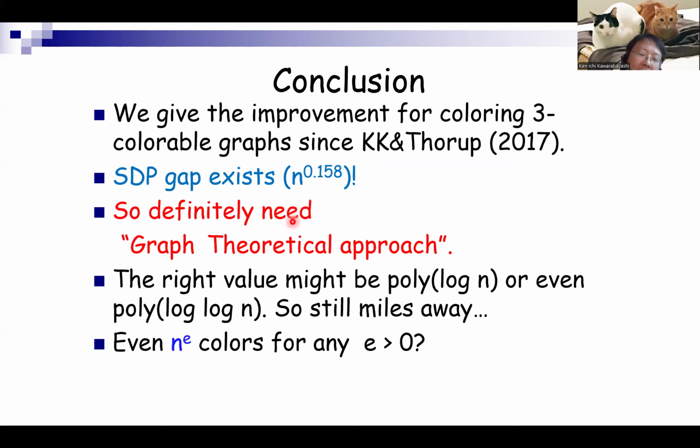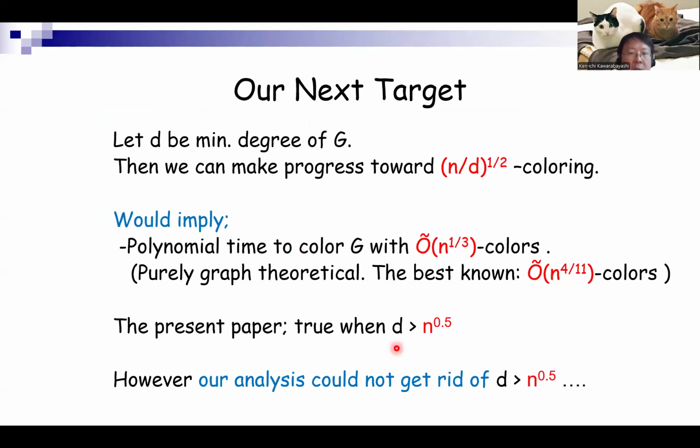So that tells us that we definitely need a graph theoretical approach. The right value might be like polylog n or even polylog d, but we are still miles away. n to the epsilon for any epsilon bigger than zero would be probably great, but still miles away. All right, thank you very much.